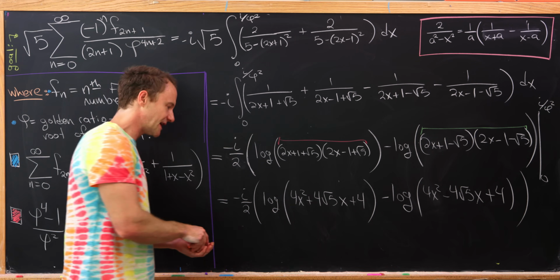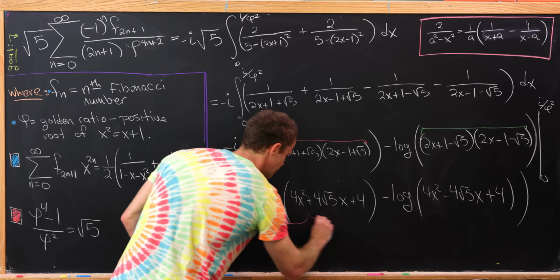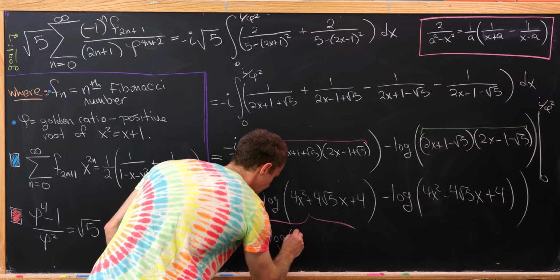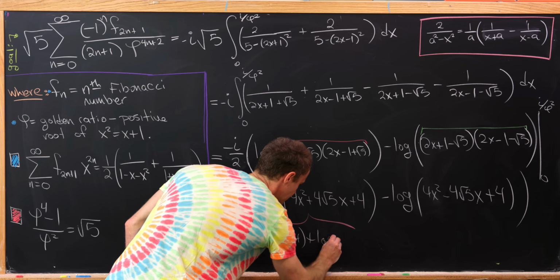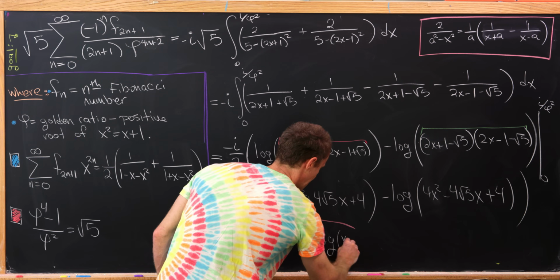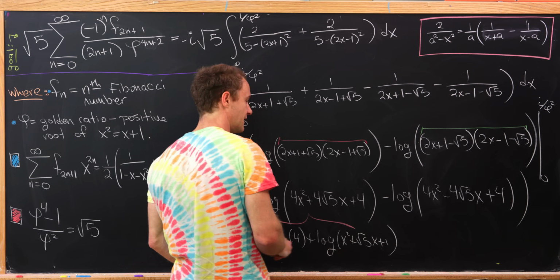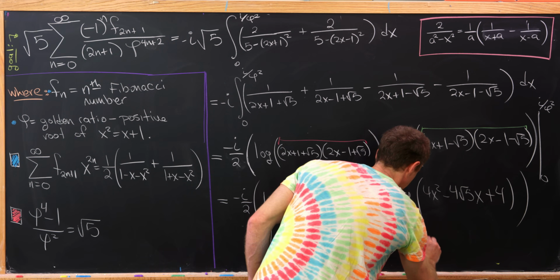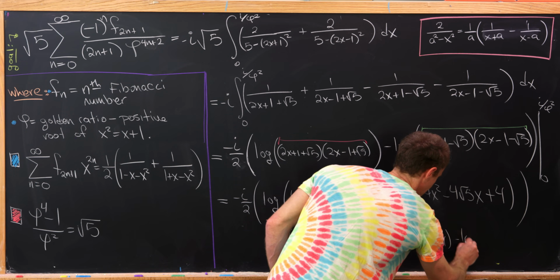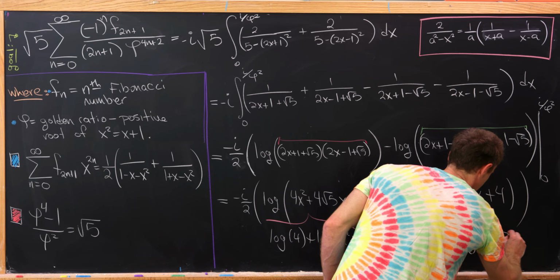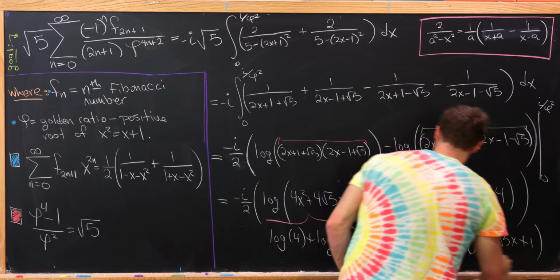But now we can split each of these into two parts. We can split these into the log of 4 plus the log of, in this case, x squared plus root 5 x plus 1. And then over here, we'll have a minus log of 4 and then a minus log of, well, the same kind of thing, x squared minus root 5 x plus 1.